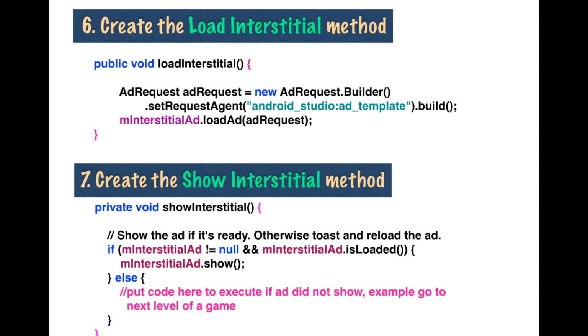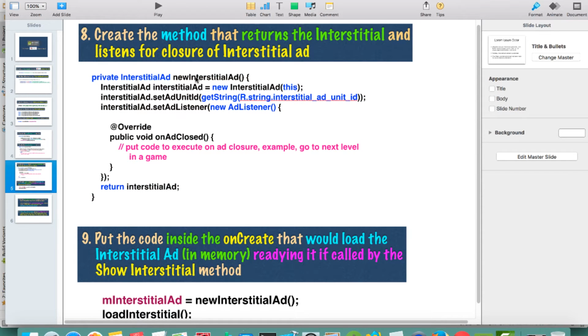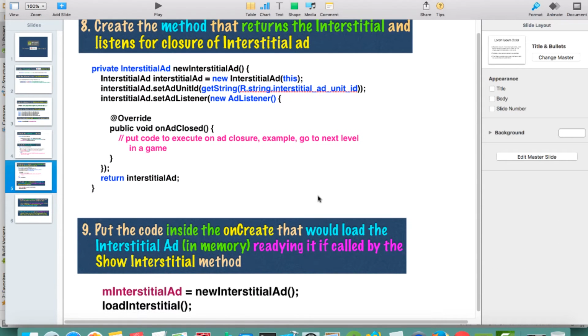So let's analyze that. Realize that this code new interstitial is being called on step number 9, which is inside your onCreate, because you have new interstitial ad. Actually, this is this method here. This is a method created on step number 8.